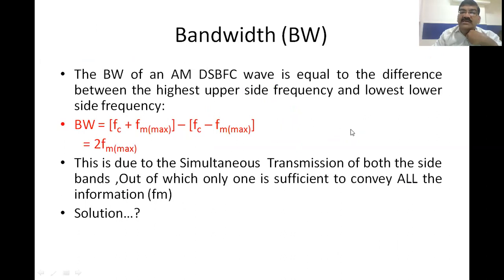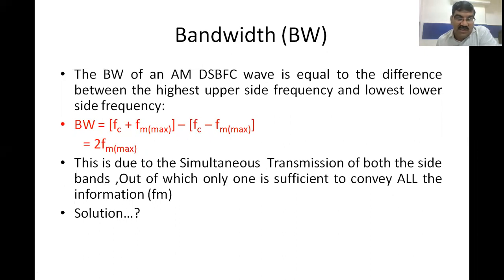Now the bandwidth: in double sideband full carrier, how much bandwidth are we transmitting? The bandwidth is FC plus FM, that is one band, the upper sideband, and FC minus FM, that is the lower sideband. If you consider both, you get 2 times FM, where FM is the maximum frequency of your modulation.